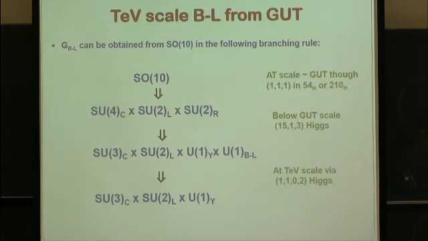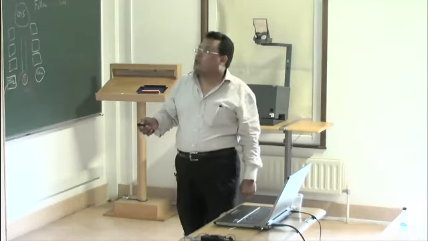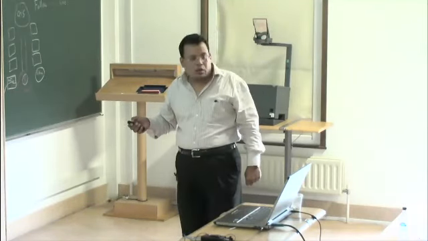In GUT models, usually B-L is broken on the way down to the standard model. However, if you start with SO(10) and you break it via the singlets in the 54-plet to Pati-Salam, and then you break Pati-Salam not by a fundamental to reach the left-right symmetry, but by this adjoint (15,1,3), you will get SU(3) cross SU(2) cross U(1) B-L.